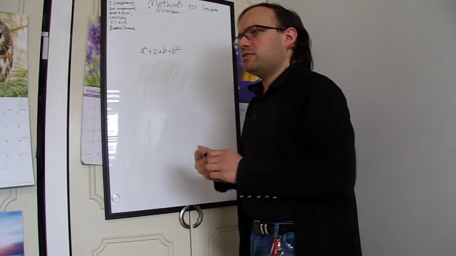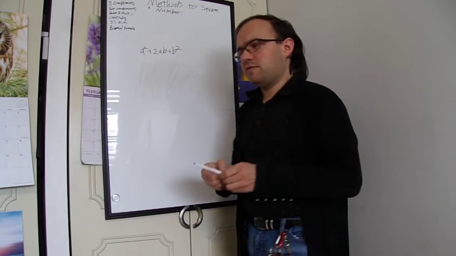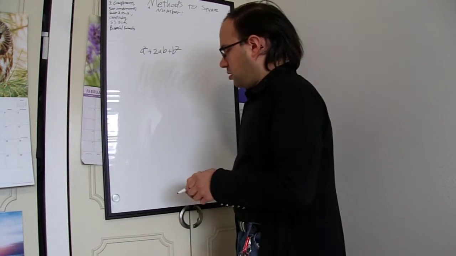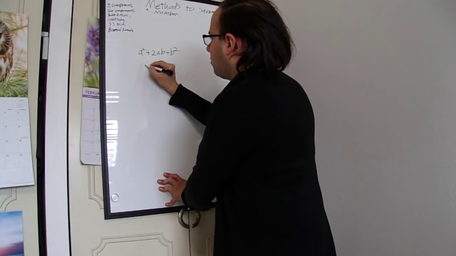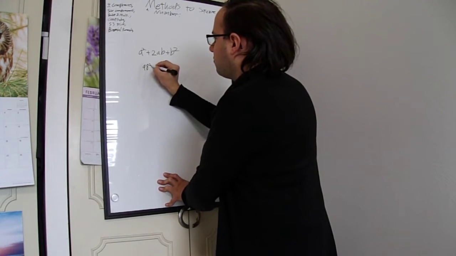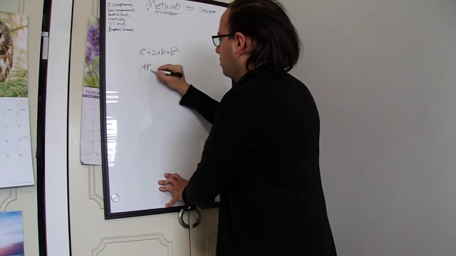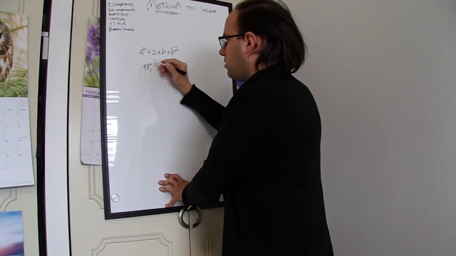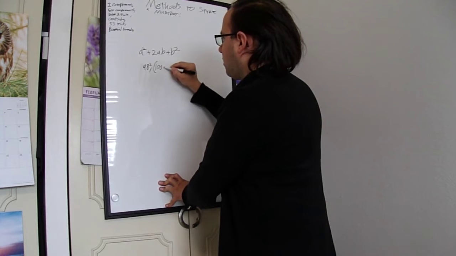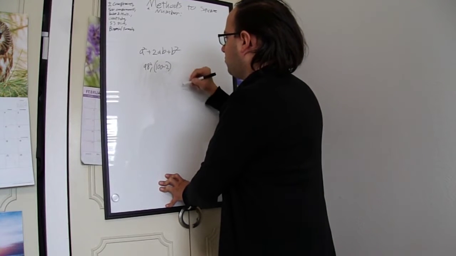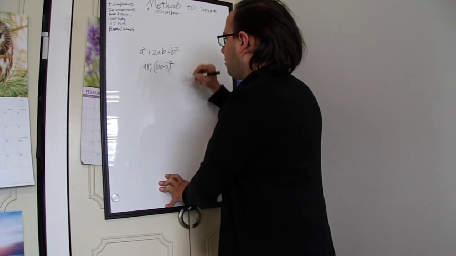There's another thing we can do similar to that, but in the negative direction. Say we want to square 98. Well, that is the same as the quantity 100 minus 2 squared.